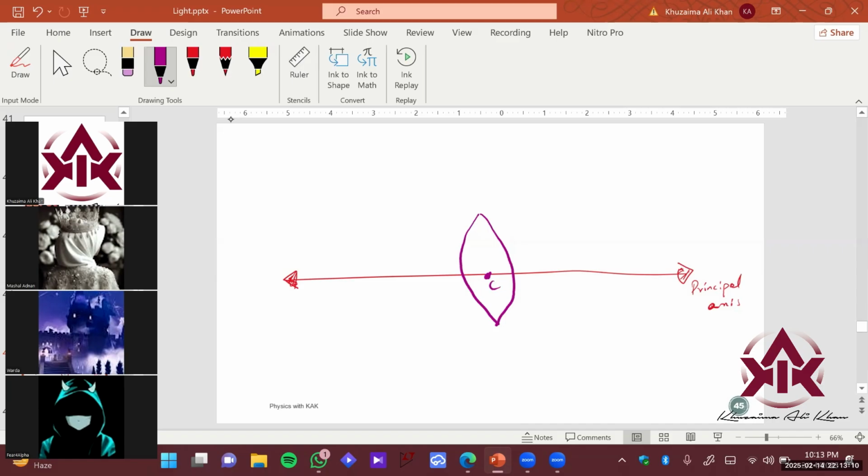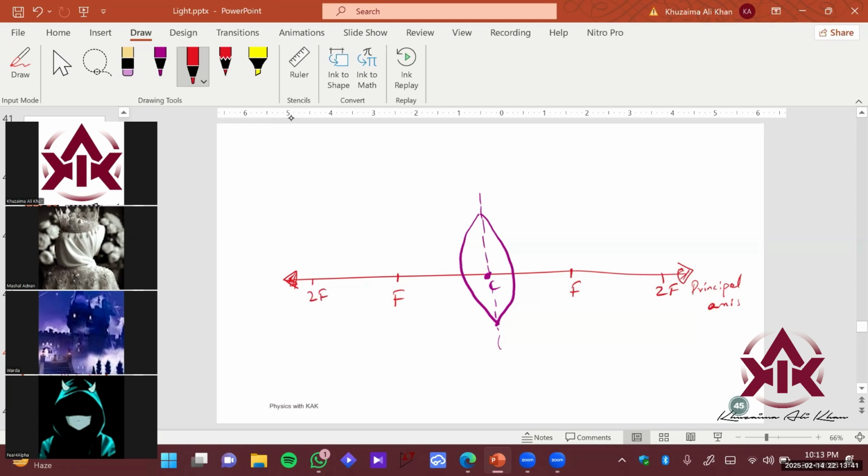You have a line which is getting drawn from here. And then let's say you have the principal focus here, F. Similarly, F here at an equal distance on the right hand side. And then 2F is twice the distance of the principal focus. 2F is going to be here, and this is going to be 2F.